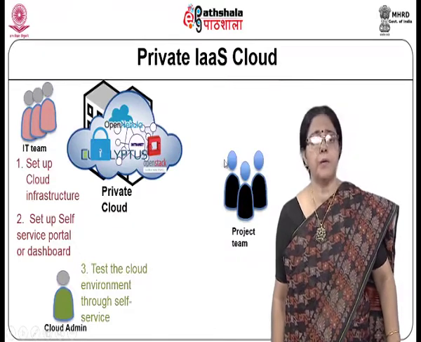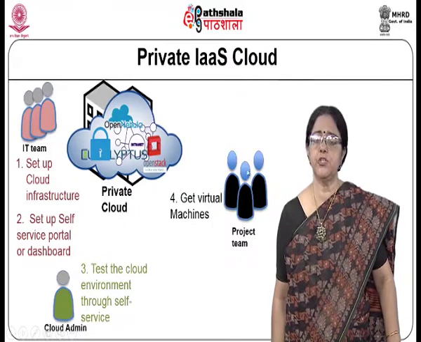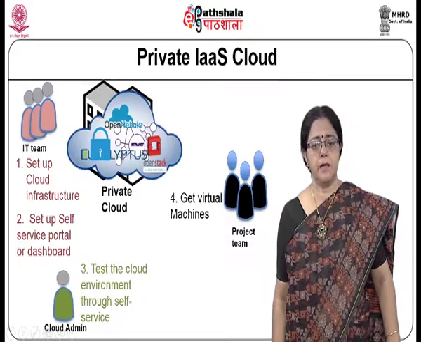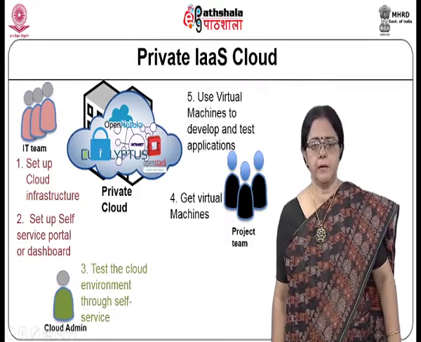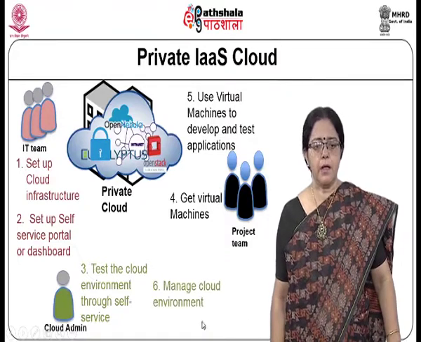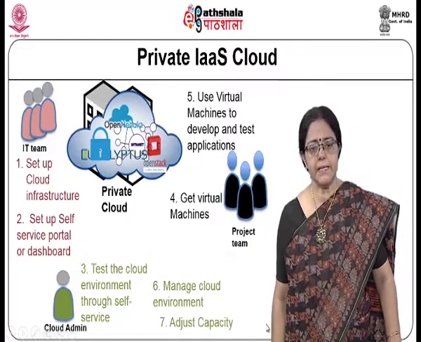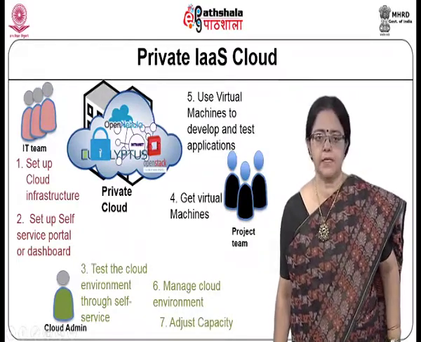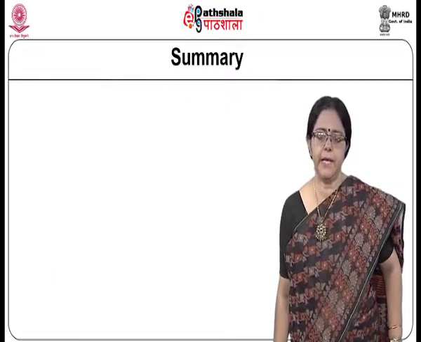Then the project team comes, who will be obtaining the virtual machines. The only difference is that now the virtual machine resides in the private cloud on premise, and they will use it and develop their application. The cloud admin continues to manage the environment and adjust the capacity. This is the way a private IaaS cloud is being set up by this company XYZ.